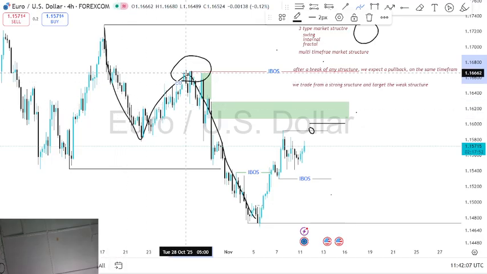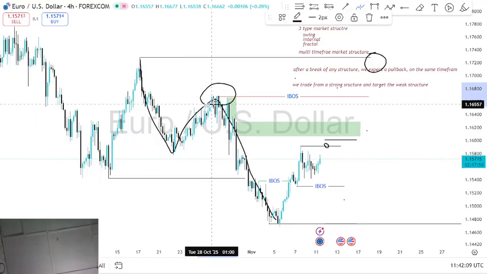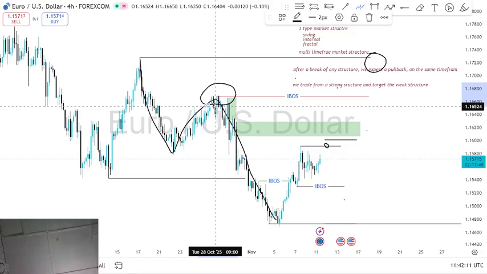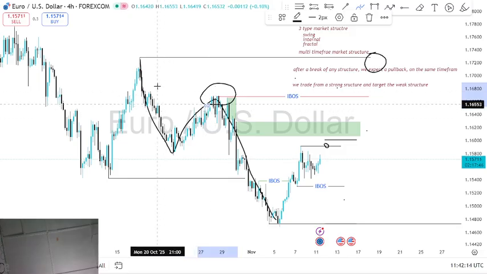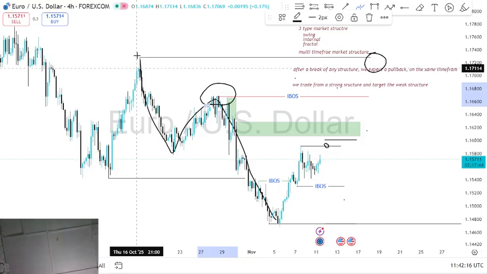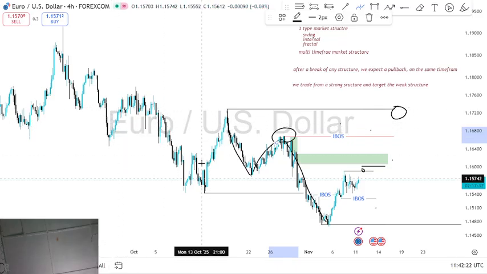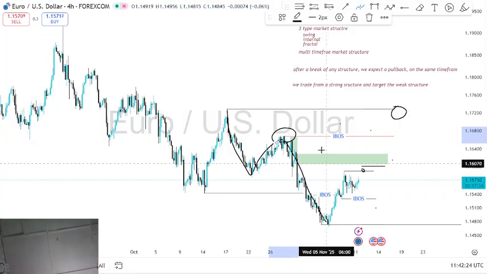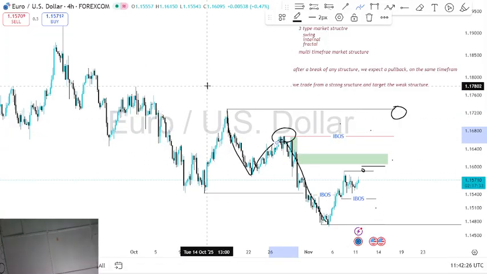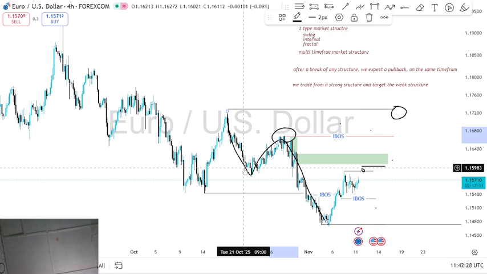But why didn't we classify this as the strong swing structure? That's the question. If that's the case, we have to go back and paint the picture.